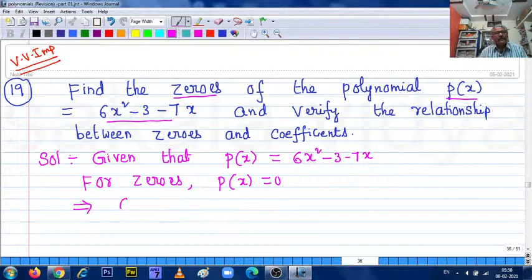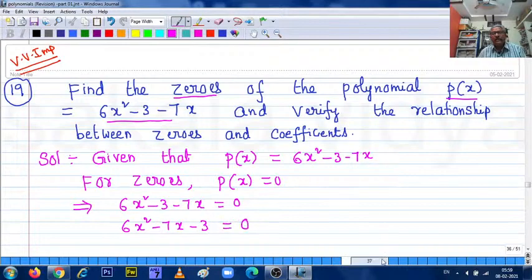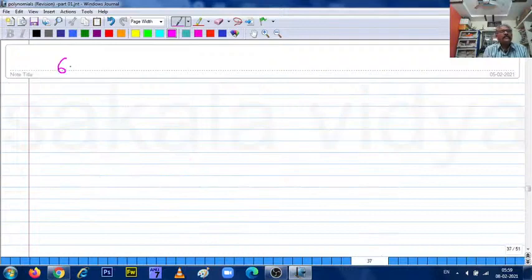So what do we get? You get 6x square minus 3 minus 7x equals 0. This can be rewritten like this: 6x square minus 7x minus 3 is equal to 0. So now you need to solve this one. 6x square minus 7x minus 3 equals 0.